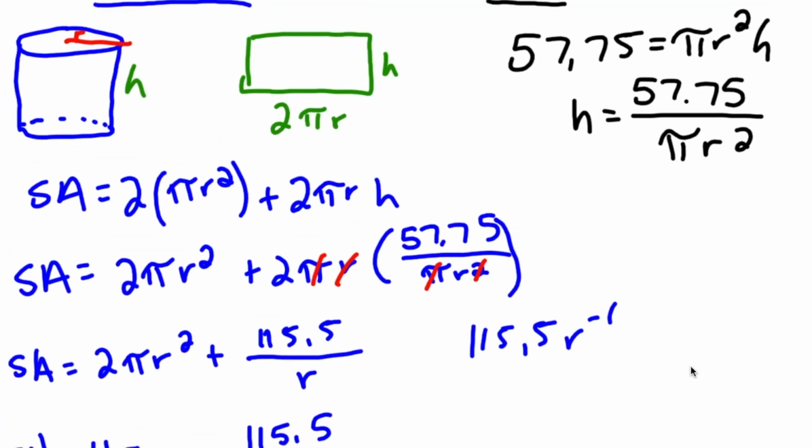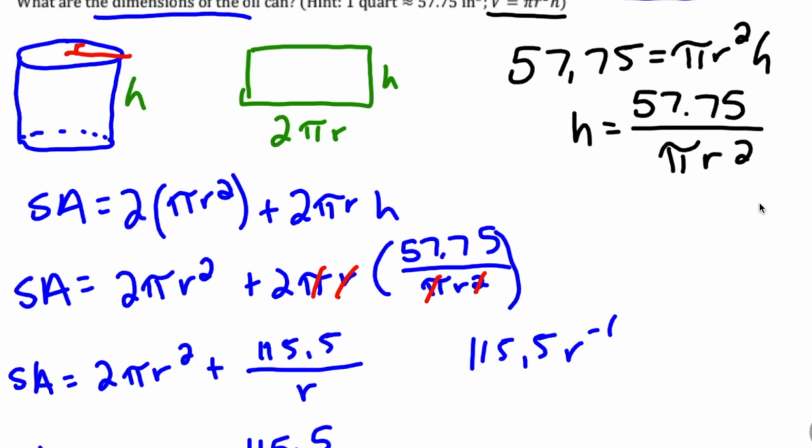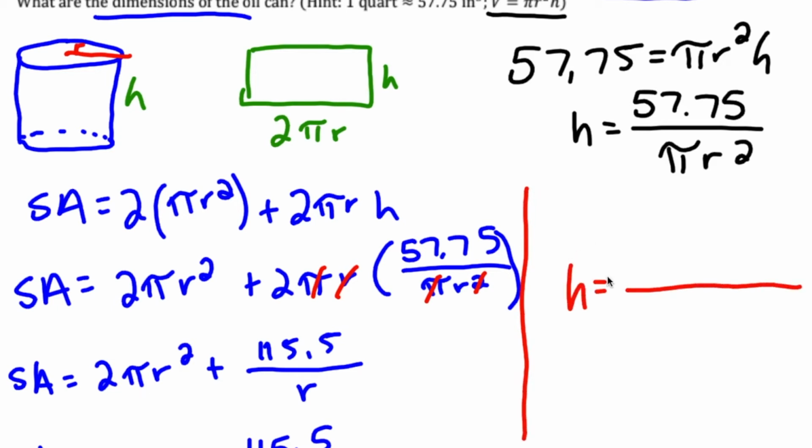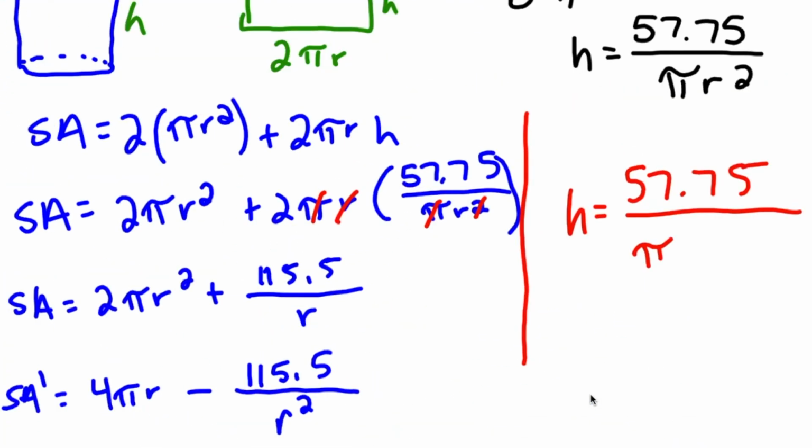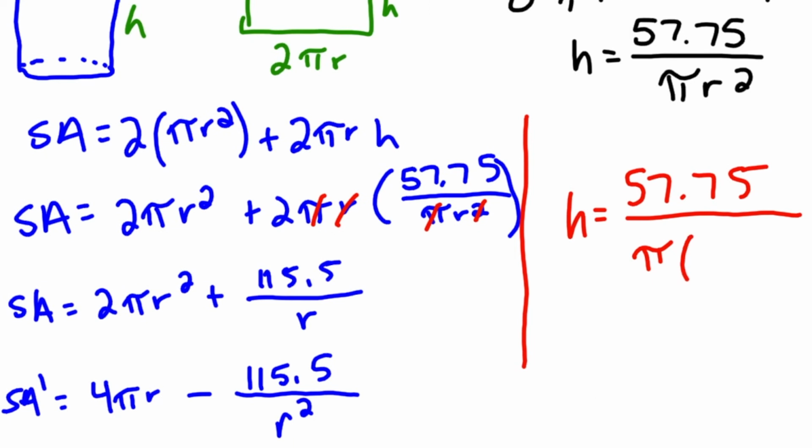Come back up here to our formula for height. And let me erase this actually, so I can make it all fit here. And I'm just going to plug that in. So my height will be 57.75, all that divided by pi times the radius, which if you have that in your calculator, I would just leave the exact number in there, or you can do it like this.